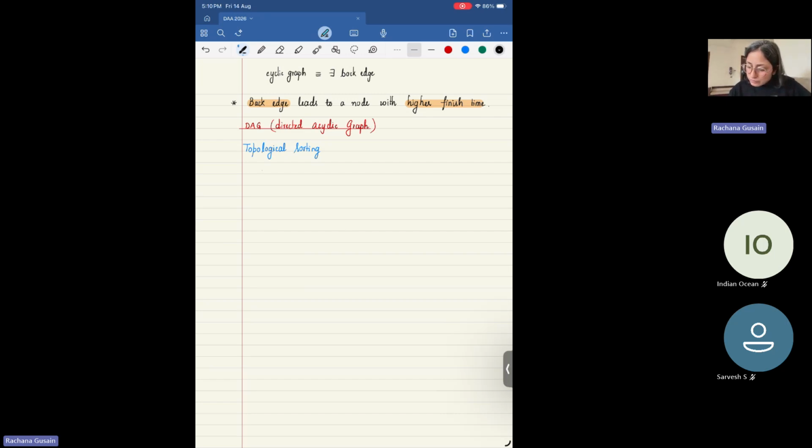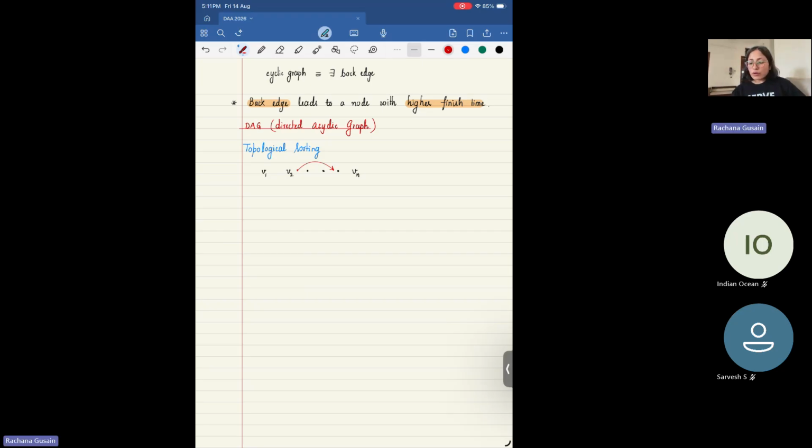I want to sort them, let's say V1, V2, and so on up to Vn, in such a way that if there is an edge from some node Vi to Vj, then it must be pointing in the forward direction.